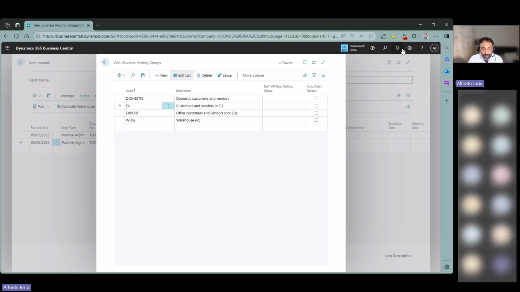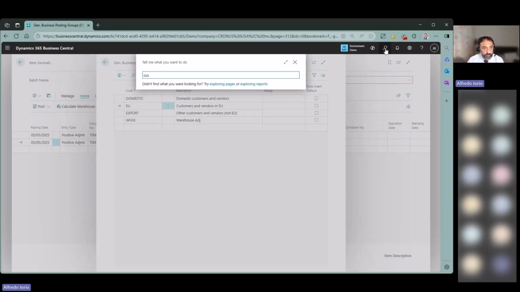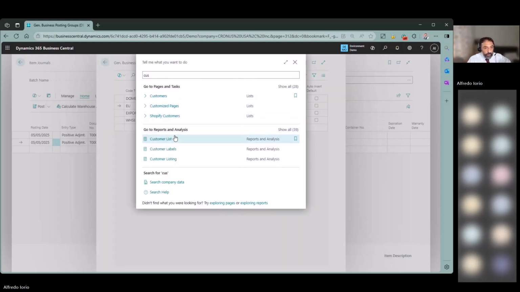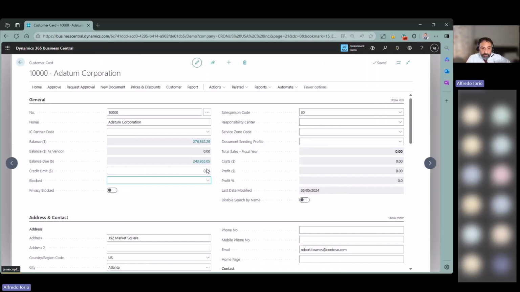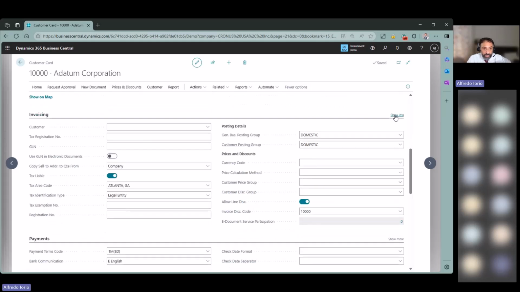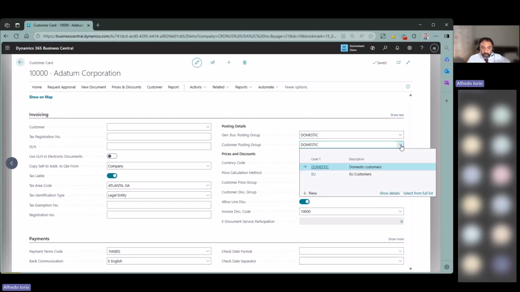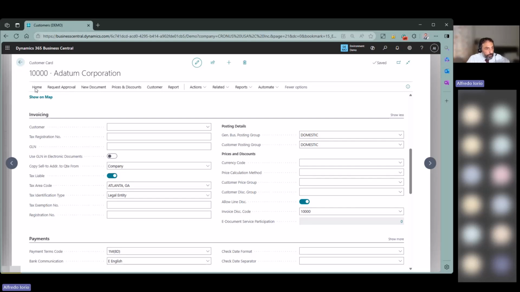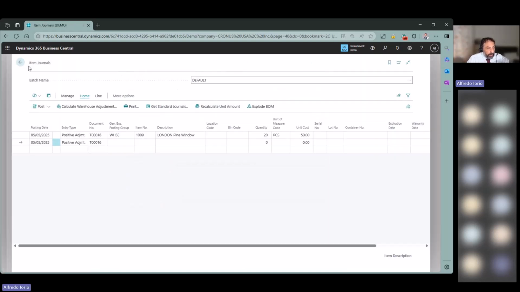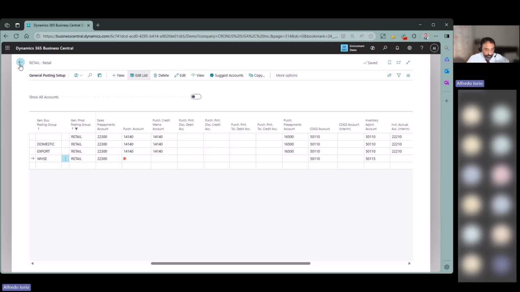So if I go to my customer cards, for example, and I find domestic customers, the domestic customers for VAT purposes will have their own VAT group. It doesn't show here because this is the US, but having domestic for these two really doesn't make any sense because the differentiation is for tax purposes. So this is an example of the why for general posting groups.